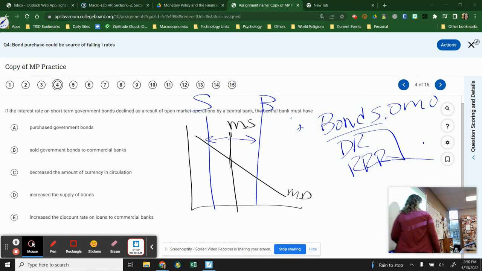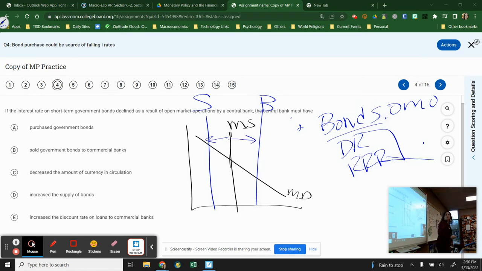Buying bonds shifts money supply to the right. If you were to flip those two and buy go left and sell go right, then it would be BS, and that is wrong. So we want sell bonds, shift money supply to the left. Buy bonds, shift money supply to the right. So SB, not BS. Correct. SB, not BS.